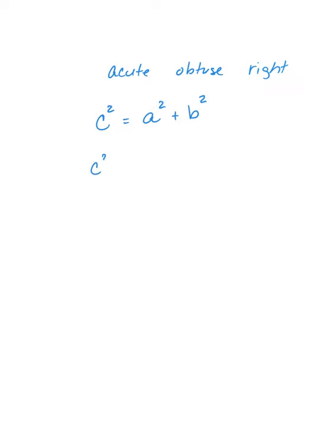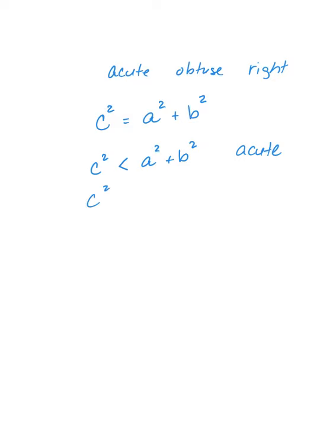So if c squared ends up being less than a squared plus b squared, that means c squared is smaller. That means that triangle is acute because the third side is smaller than the other two squared, okay? So when the hypotenuse is smaller than a squared plus b squared, that means that the triangle's more closed. You see? Here's the right angle. Everybody look at my fingers. Here's the right angle. When it gets smaller, that means it's an acute. It's less than 90. Got it? Because this side here would be smaller.